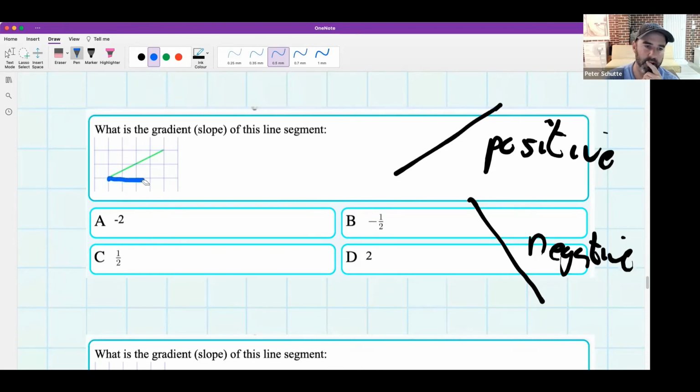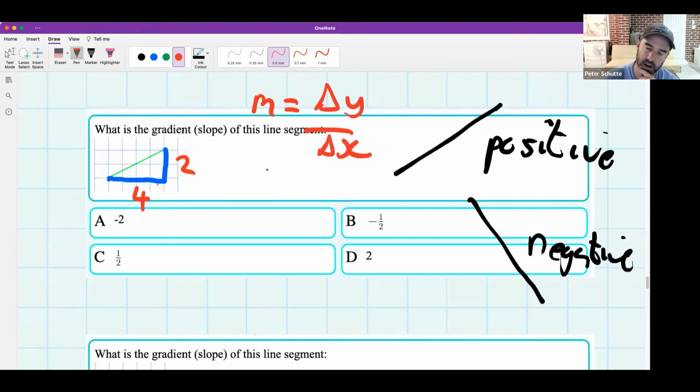So if you remember grade 9, or grade 10 maybe as well, you can just count the blocks. So that's 4, that's 2. And the formula for gradient is the change in y with the change in x.